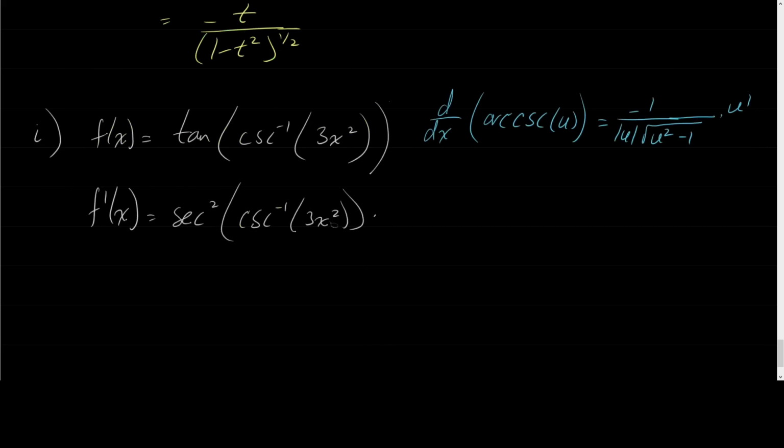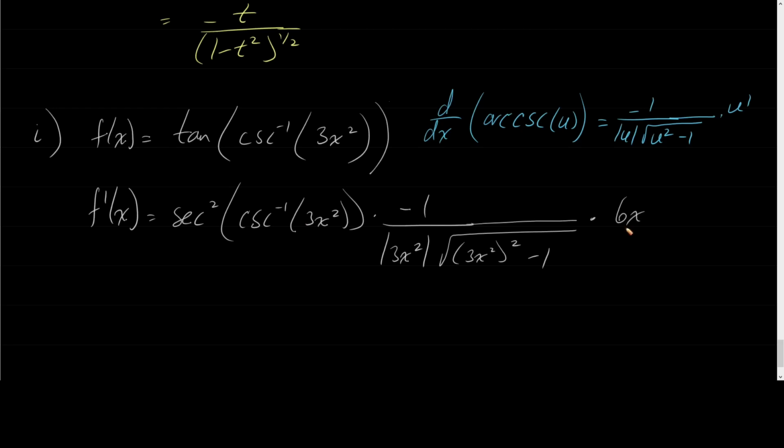So it's -1, and let's write in white, -1 over the absolute value of u, the inside, so the absolute value of 3x squared, times the square root of 3x squared minus 1, right? That's our u. And then times u prime. Well, the derivative of 3x squared is 6x.